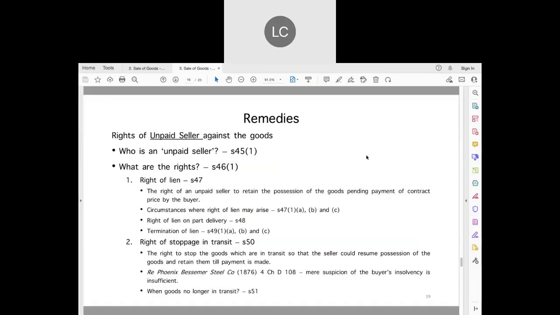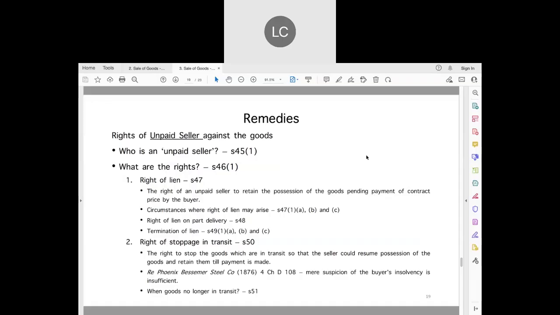So if the cheque is later dishonored, which means that there is no sufficient amount in the buyer's account, then the seller would not be able to draw on the cheque. Consequently, the seller is considered as unpaid because there is no sufficient amount of money in the account of the buyer to pay the seller.